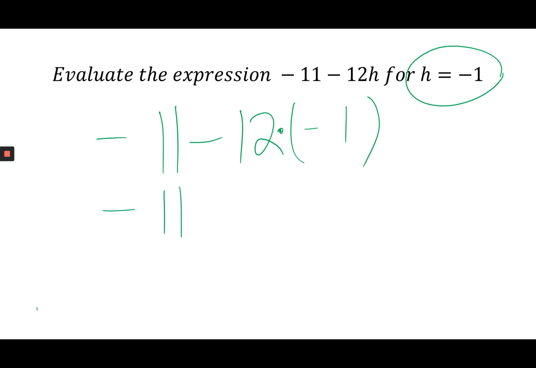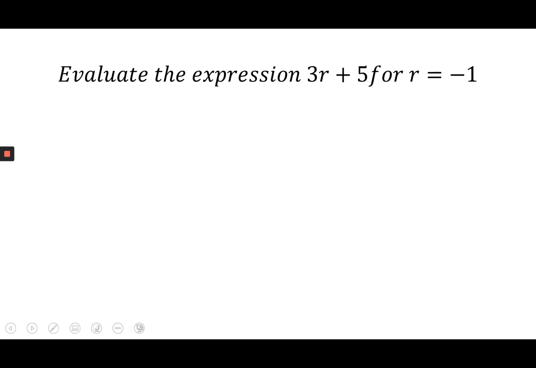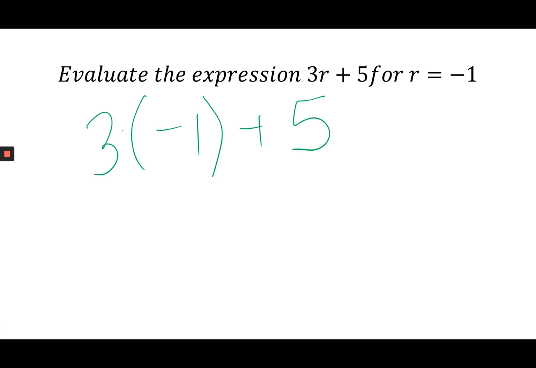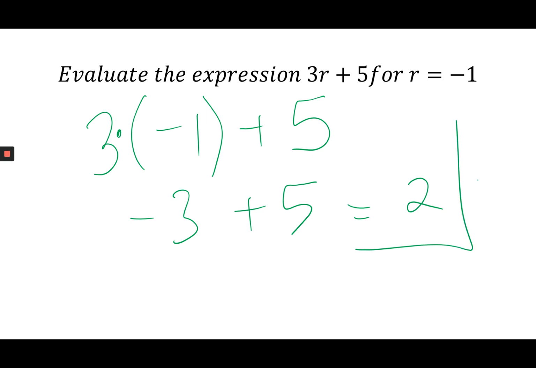Don't touch the first one. Negative times negative is going to be positive 12. Negative 11 plus 12 is 1. 3r, r is negative 1, plus 5. Multiplication first. 3 times negative 1 is negative 3, plus 5 is positive 2.